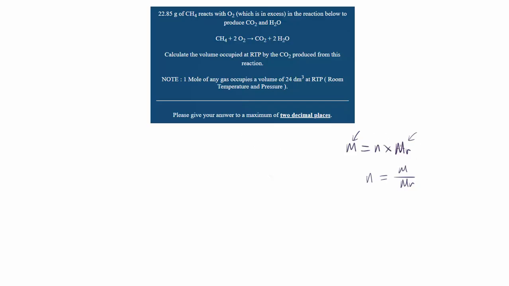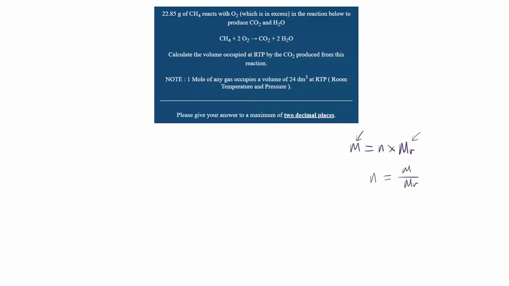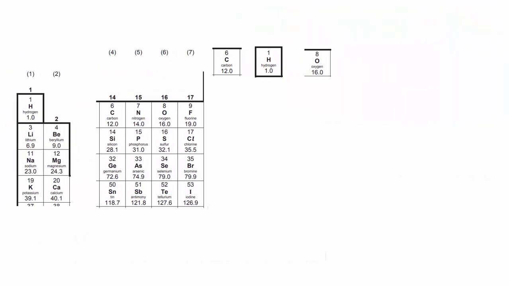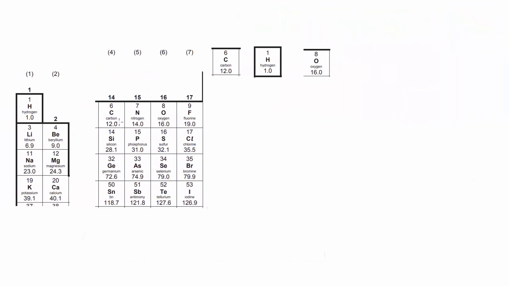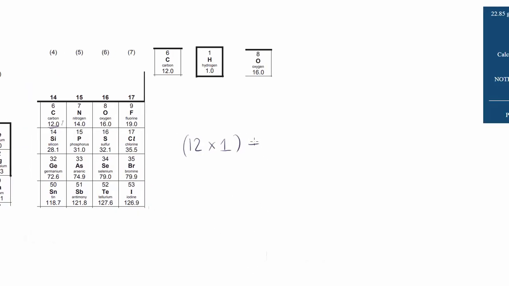So we're going to need to work out the MR. So we can use the periodic table to do this, right? So if we refer to the periodic table, we've got 12 for carbon, and then hydrogen, right? So that's going to be 12 multiplied by 1 for the carbon, right? And for the hydrogen, it's going to be plus 1 multiplied by 4, right?